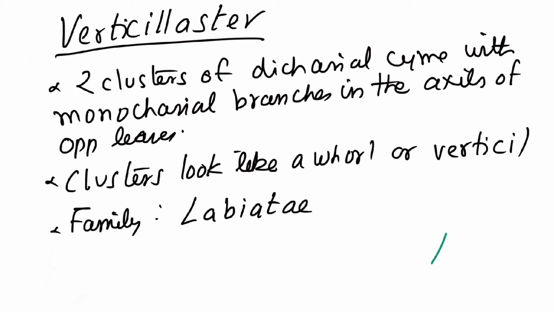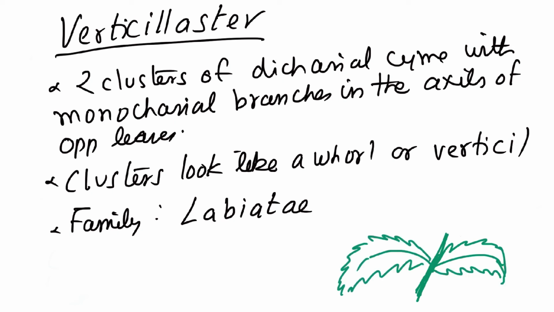And we can have a diagram to get a finer idea of what this verticil means. You have basically a bunched or crowded inflorescence development, which is quite foliaceous in the sense that the whole thing is bunched together in a ring.